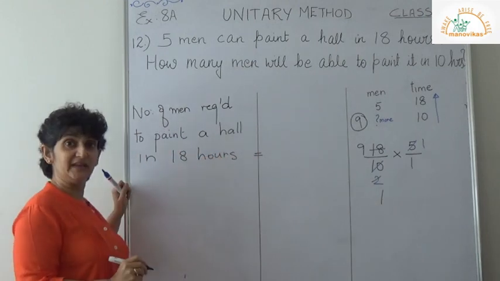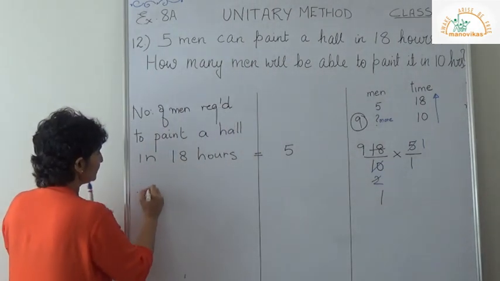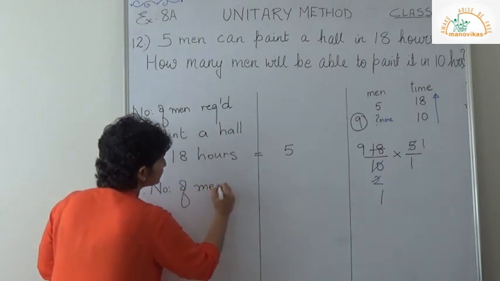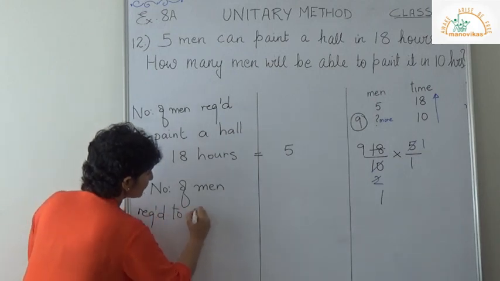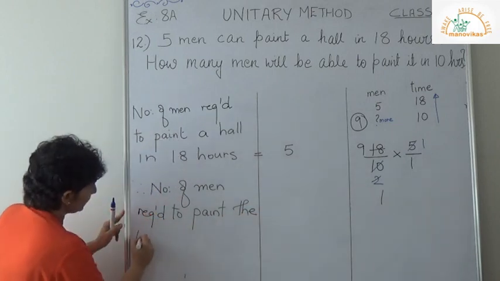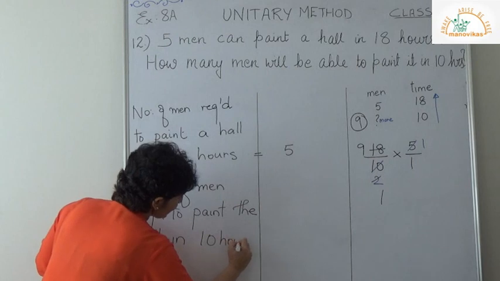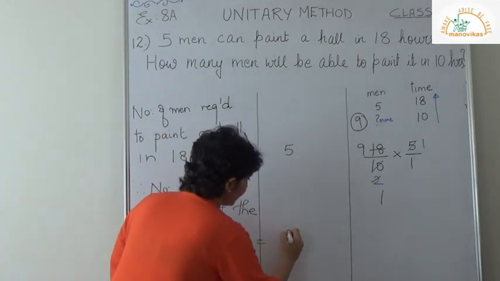So how many men do we need? Yes, 5 men. Therefore, number of men required to paint the wall in 10 hours. So how many men is that? 9 men.